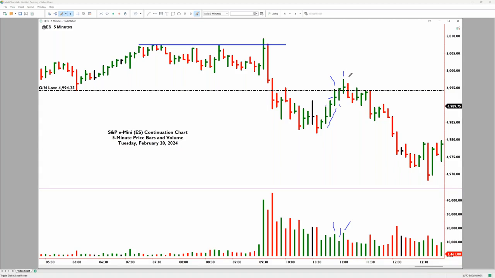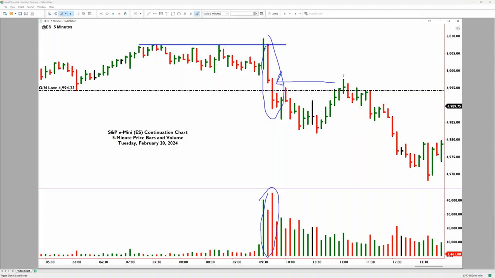Sellers are preventing it, clearly. That's not a surprise since we have all that heavy supply with wide spreads down, closing firm to the downside on heavy, heavy volume. We're back in the area where supply came into the market. So it's not a surprise to see demand weaken out up there and supply start to come in.